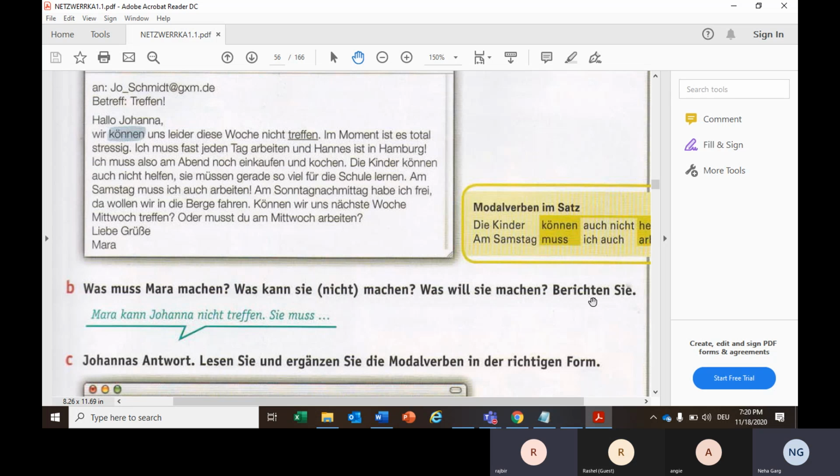For the third, sie müssen gerade... Was will sie machen? What she wants to do. Rachel, can you read out what you have written? Sie muss arbeiten und am Sonntagnachmittag werden sie auf den Berg gehen.